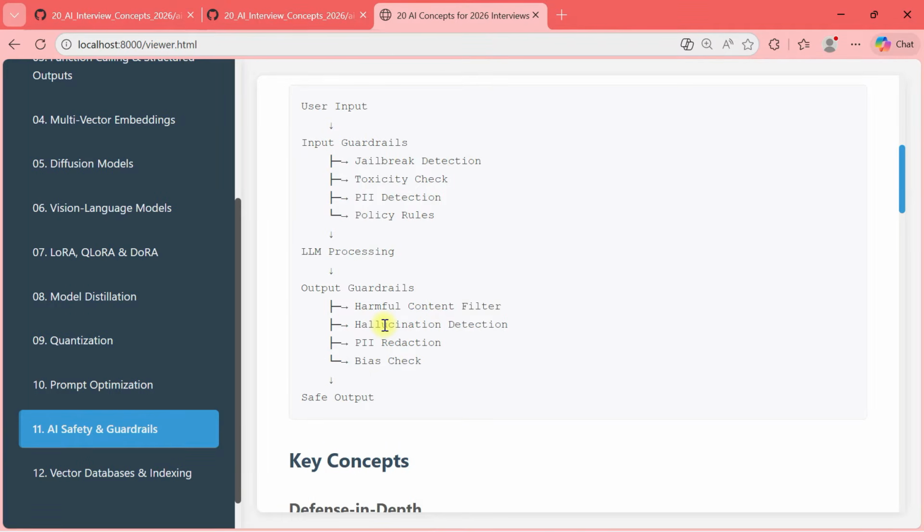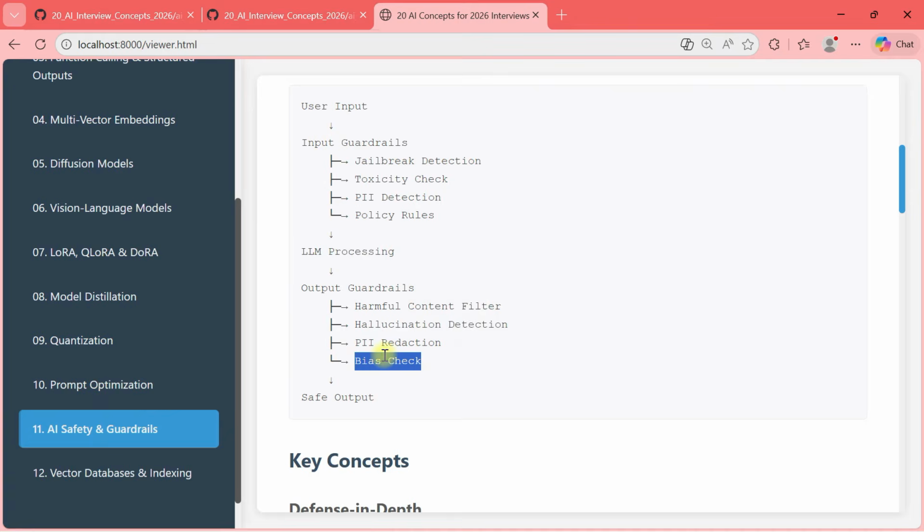What can happen at the user end? Jailbreak execution can happen, so you need jailbreak detection; the user can also do toxicity, you need PII detection, and you need to check policy rules. At output level, you need a harmful content filter, hallucination detection, PII redaction basically, and a bias check.